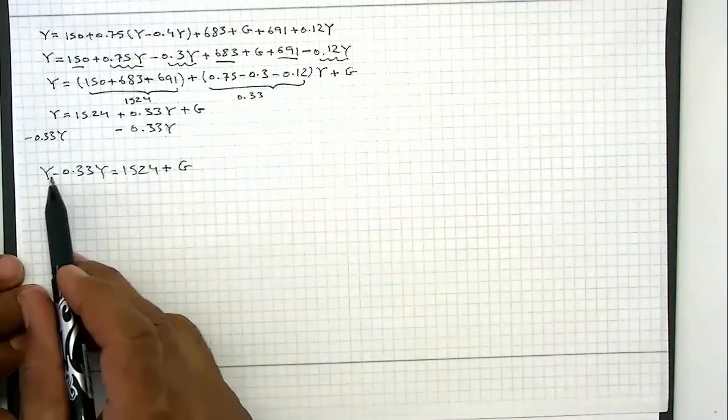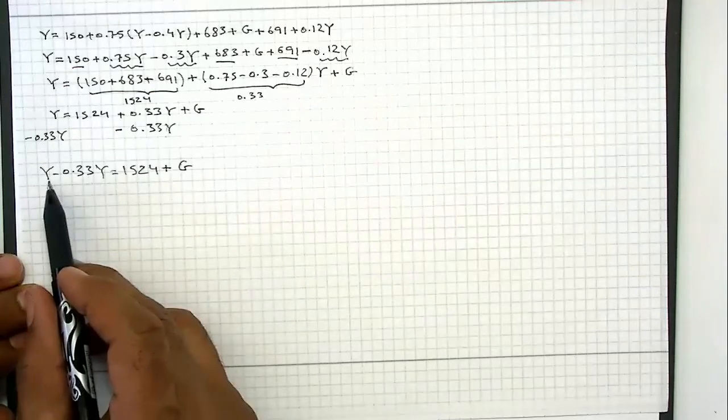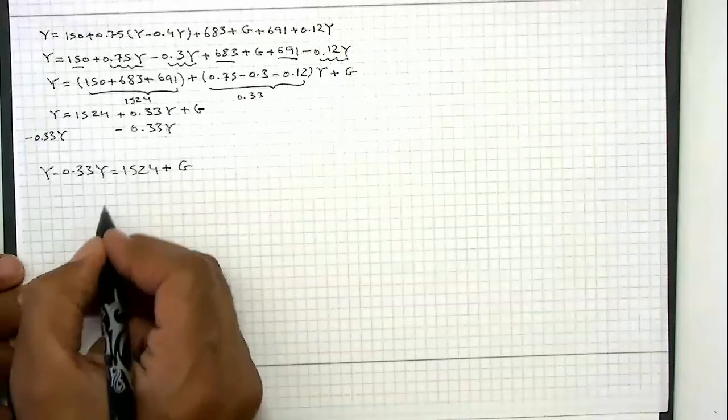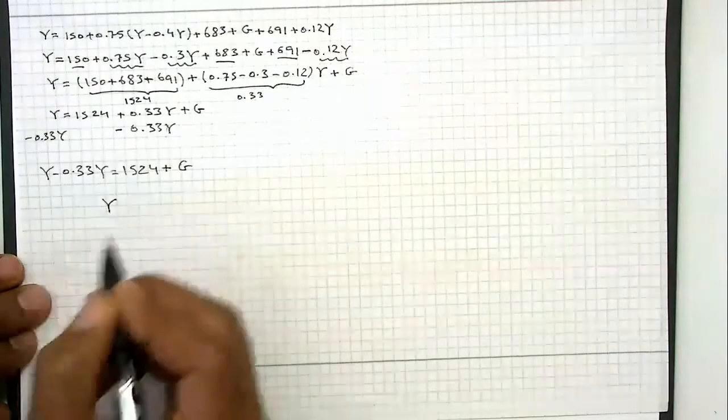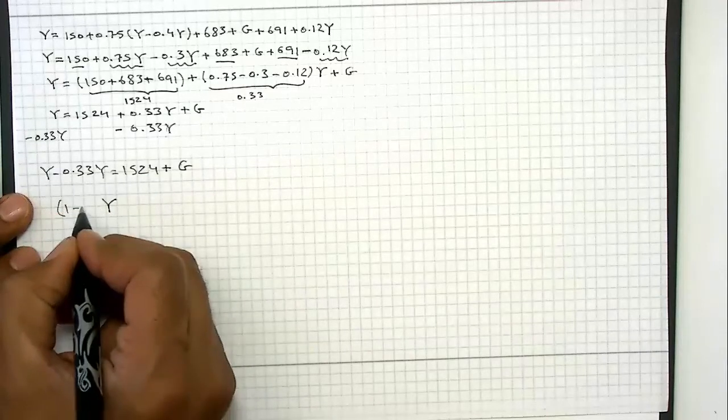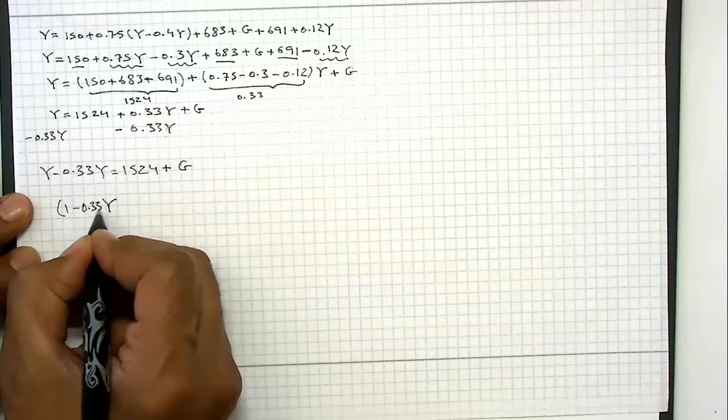Now I have all terms with y on the left-hand side here, and the common factor between these two terms is y, and from this you have 1, and from this you have minus 0.33.